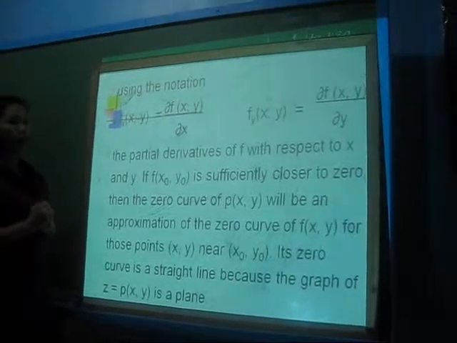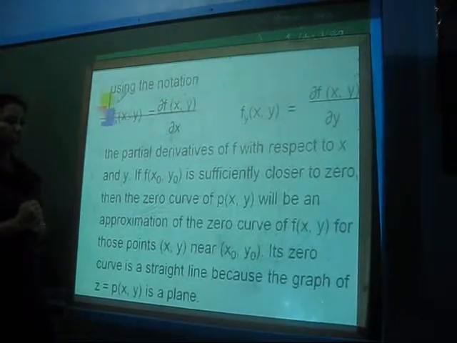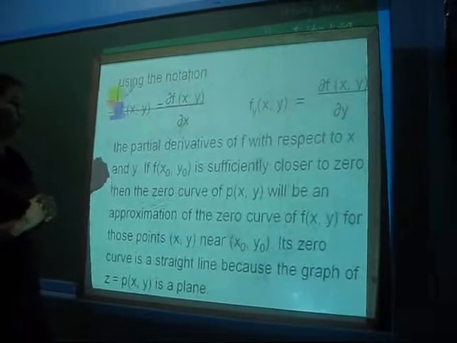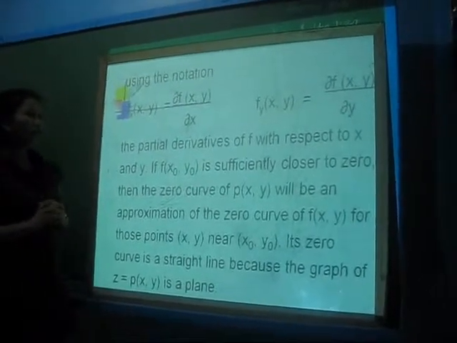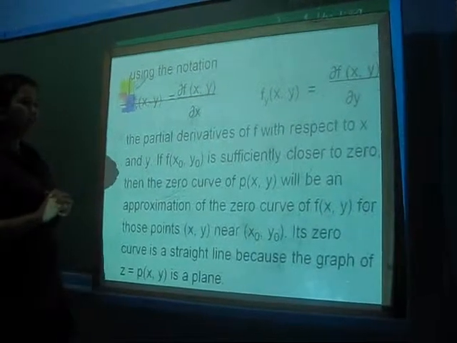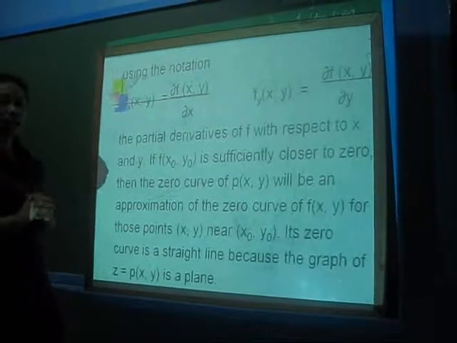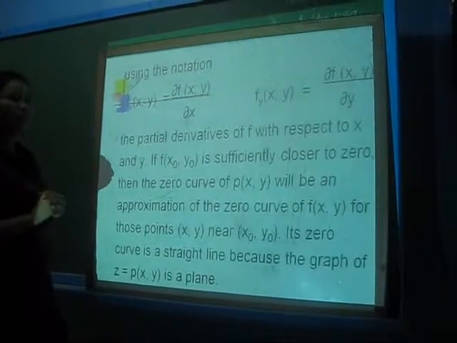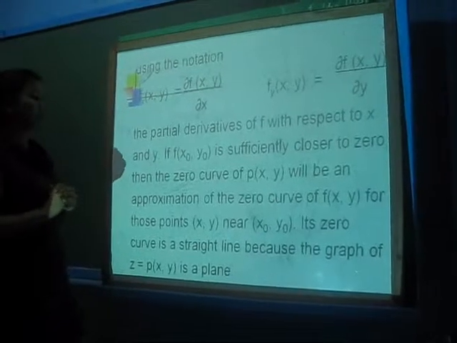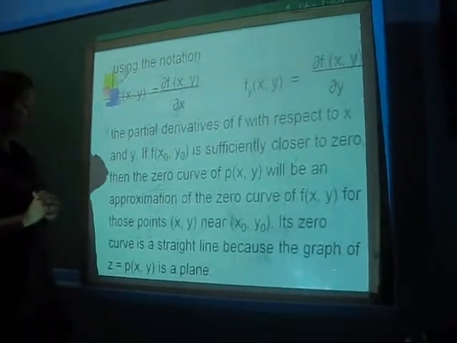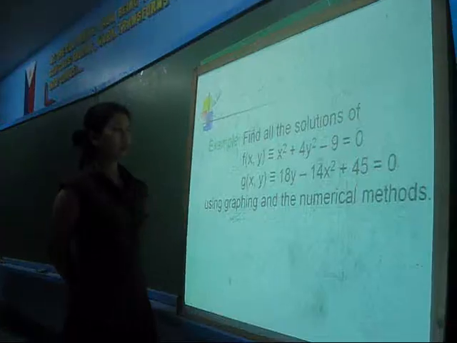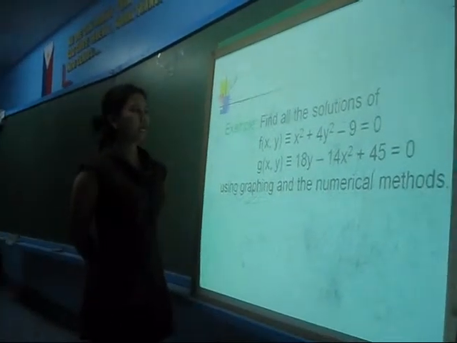If f of x sub 0, y sub 0 is sufficiently close to 0, then the zero curve of p of x and y will be an approximation of the zero curve of f of x and y for those points x and y near x sub 0 and y sub 0. Its zero curve is a straight line because the graph of z equals p of x and y is a plane. Let us take this example.